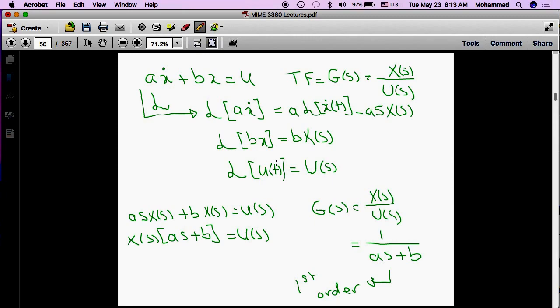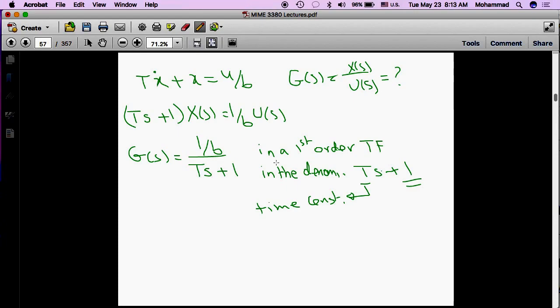We can the same way talk about the time constant from its transfer function. For that, we need to take the transfer function into the standard form where we have a constant times s plus 1 in the denominator. And that constant that is being multiplied by s is the time constant of the system.